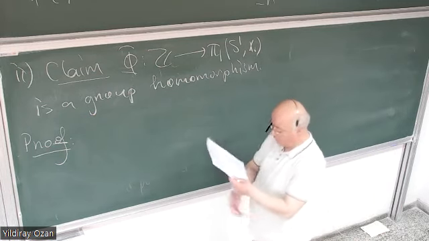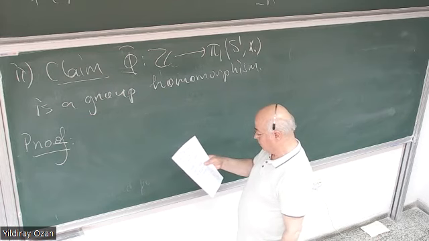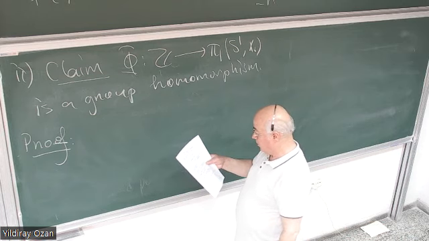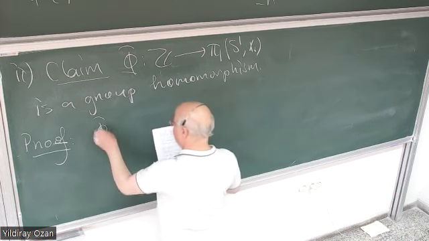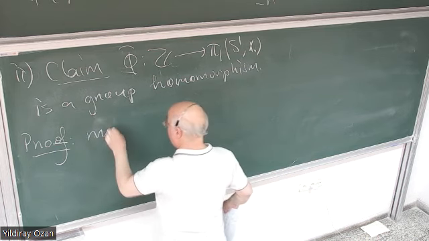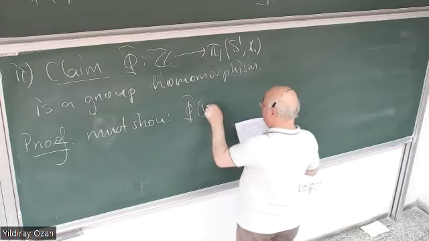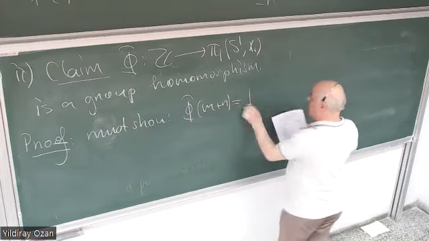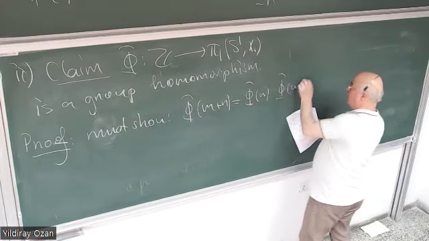We must show phi of m plus n is this path times this path.